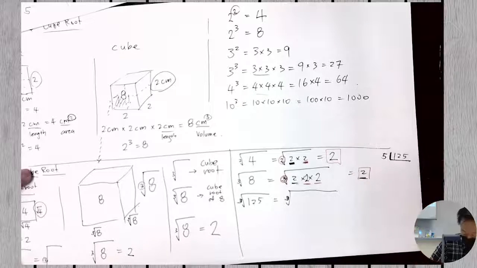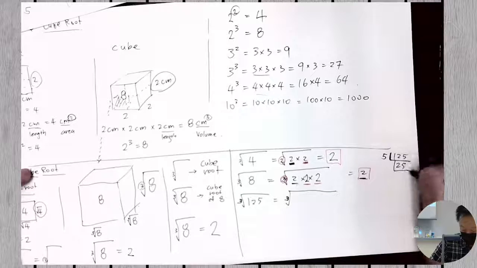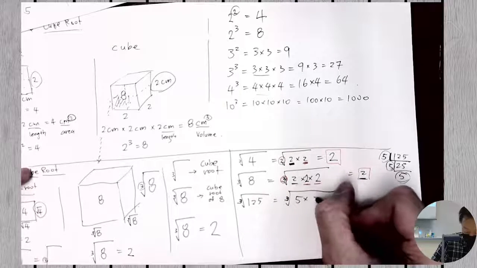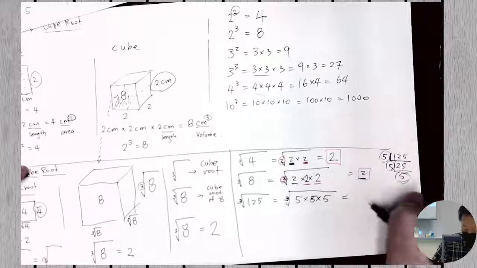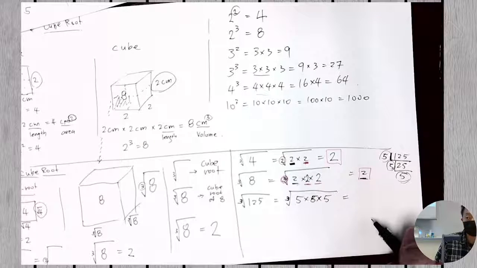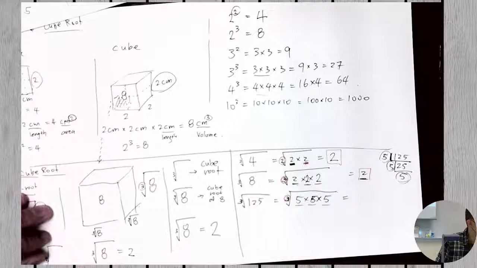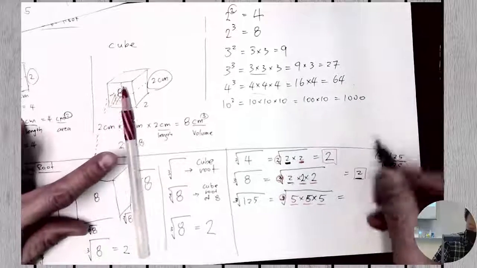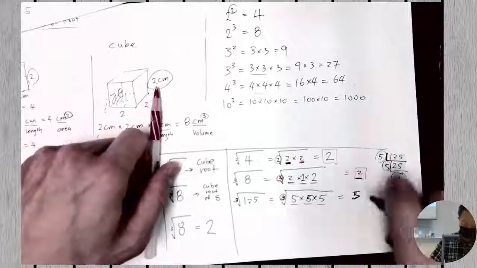Let's try 5: 5 goes into 125 twenty-five times, and 5 times 5 equals 25. So if we break 125 into its prime numbers, it's 5 times 5 times 5. And this answer as an integer is going to be what? Again, for a cube root, I need 3 of the same to put outside the cube root shelter. So that gives me not 3, 5. There we go.